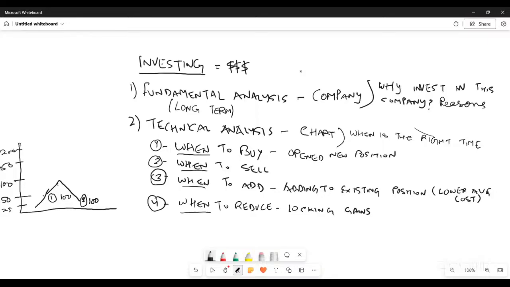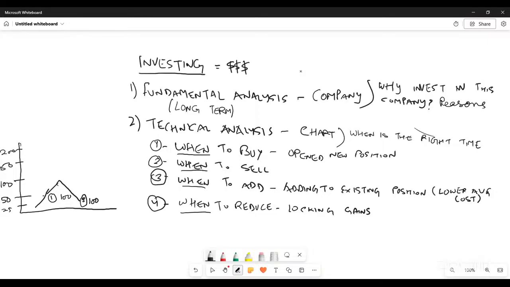So at 50 you opened 100 shares, that was when to buy, you opened a new position, and you were really hoping that it will hit 100, but before hitting 100 it goes down to 25. But because you feel really good about this company, you will add on. Now you will do number 3, adding to your existing position, and you will open 100 shares.